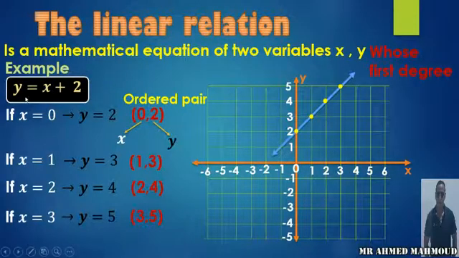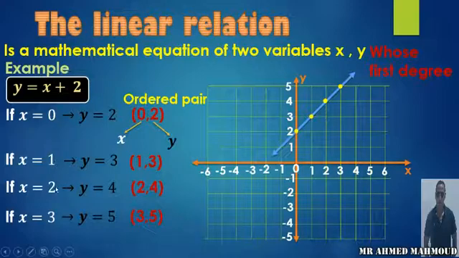The relation is represented as an equation like this. In this equation, if x takes a value, then y takes a value corresponding to x. If x changes, then y will change. If x takes another value, then y takes another value, and so on.